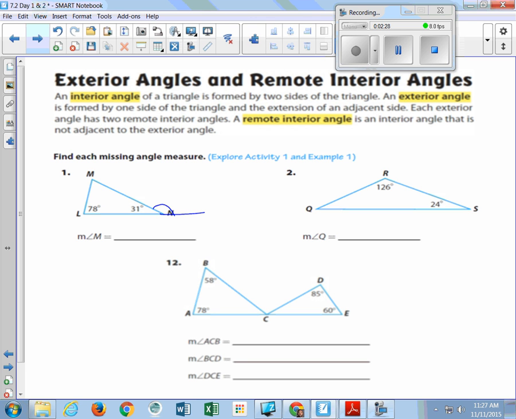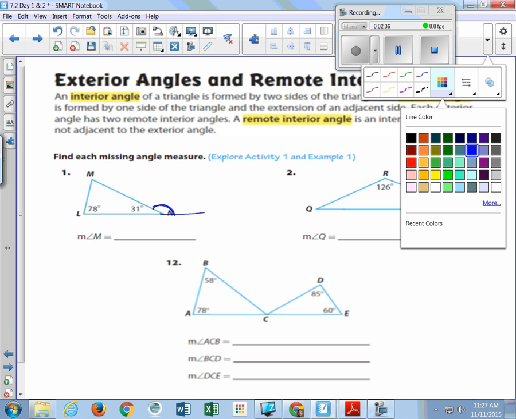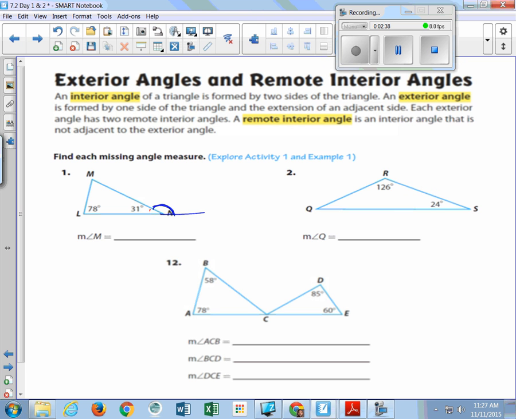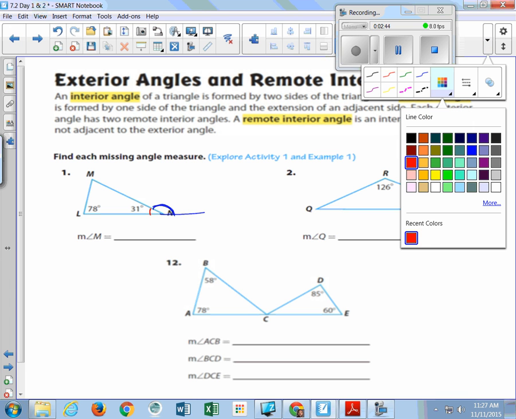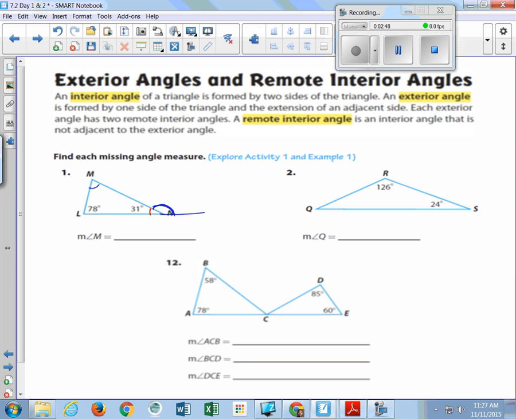Here's my exterior angle. The adjacent angle would be this one in red, next to it. The remote interior angles are the ones opposite of it. It's these two that are across from the exterior angle.